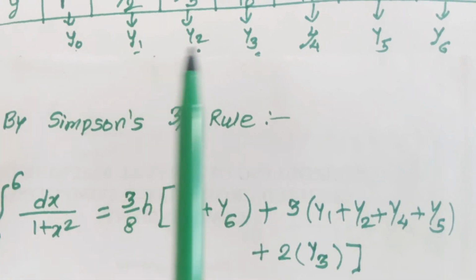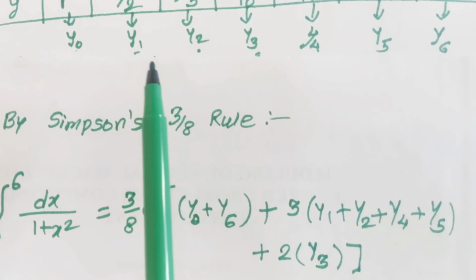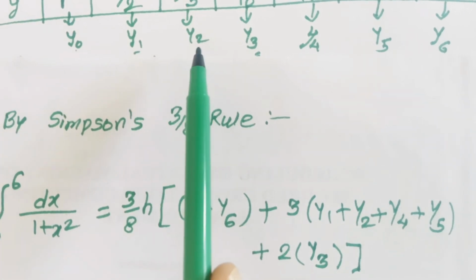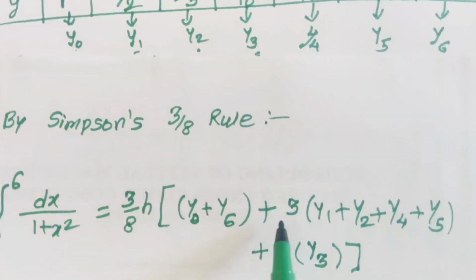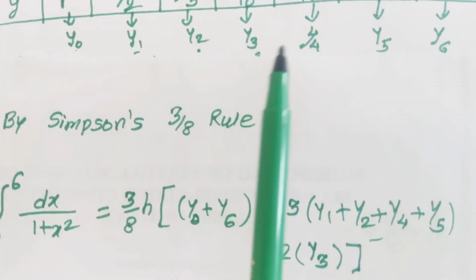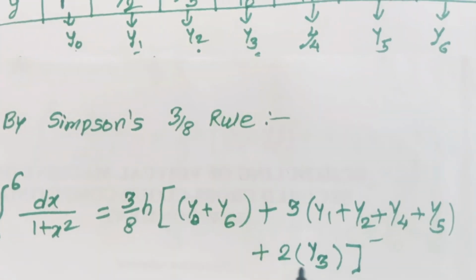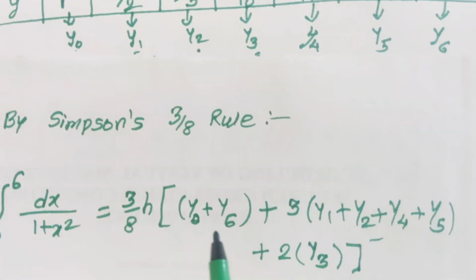We have to check which lower suffix is not a multiple of 3. So here y1, y2, y4, y5 are not multiples of 3, and we have taken them in this bracket, plus 2 times the multiples of 3. The multiple of 3 is y3, which is taken here. y6 is also a multiple of 3, but we have already taken it in the first bracket, so we do not take this value in the last bracket.